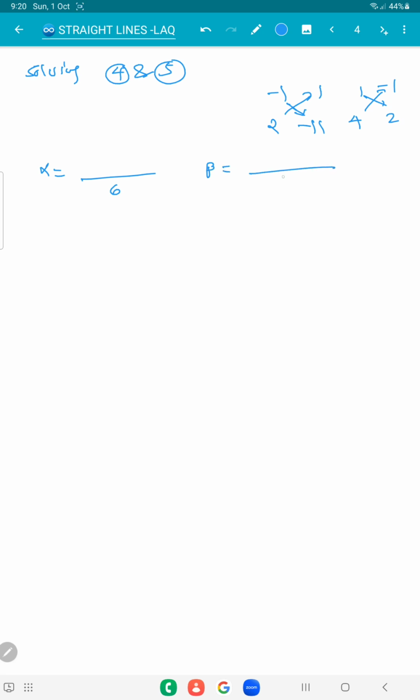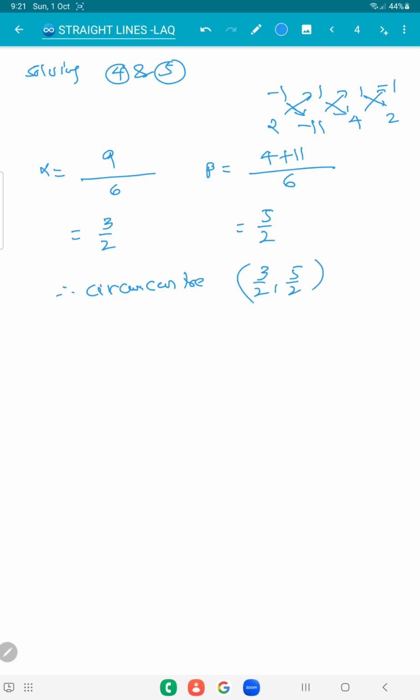For beta also the last determinant is in the denominator: 11 minus 2, 9. Second determinant is written here: 4 plus 11, 15. So alpha is 9 by 6, 3 by 2, and beta is 15 by 6, 5 by 2. Therefore circumcenter is alpha comma beta, which is equal to 3 by 2 comma 5 by 2.